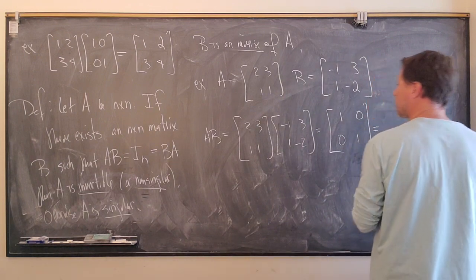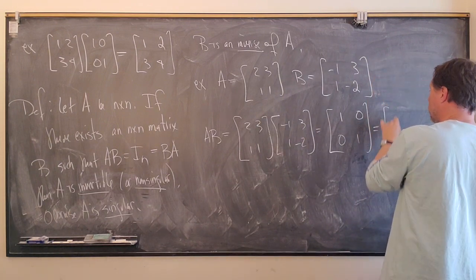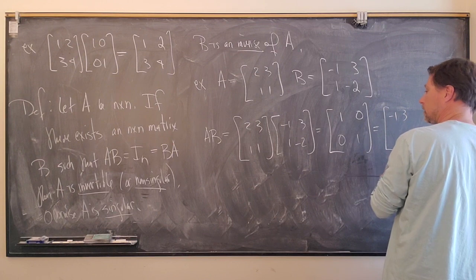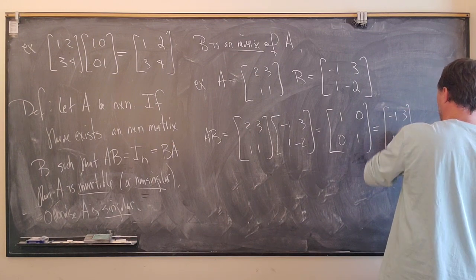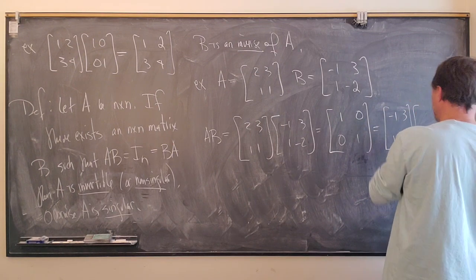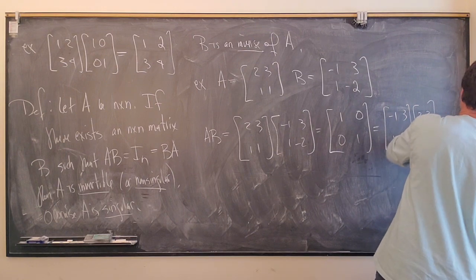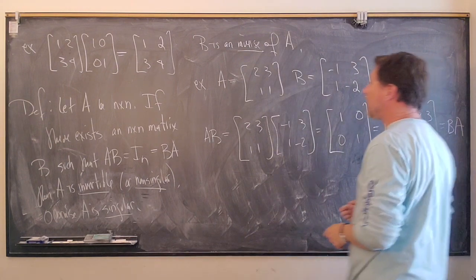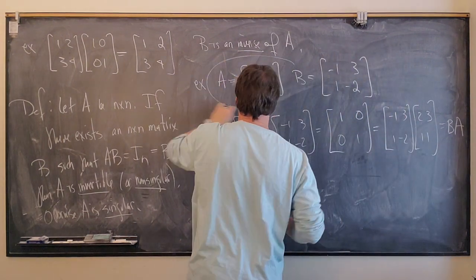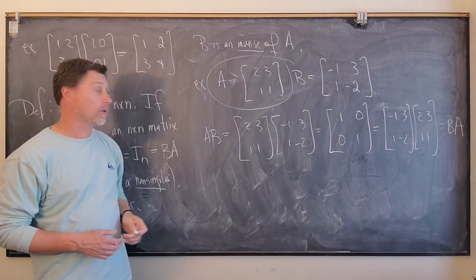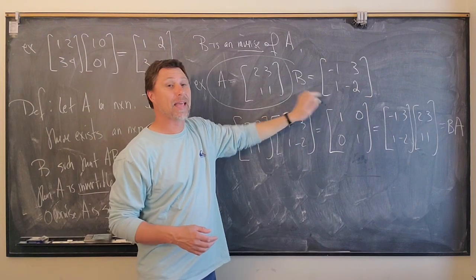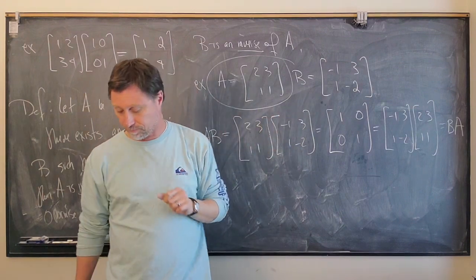And if you do the multiplication in the opposite order, 2, 3, 1, 1, that's BA, you're going to get exactly the same thing. So in this case, the matrix A is invertible, and B is an inverse for A.